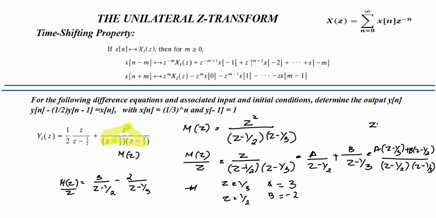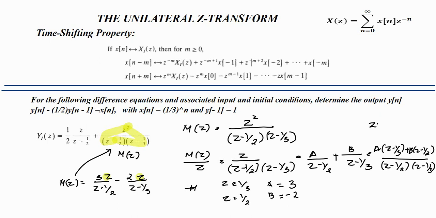Now we can multiply this z to the right side. Here also we can multiply, so I will write that particular step. So it becomes 3z and minus 2z. Now we can substitute M of z here by using this factor.